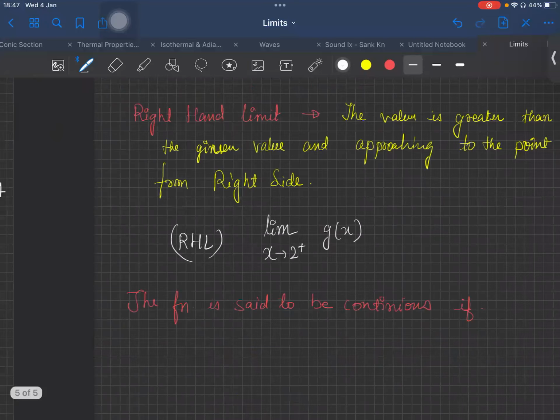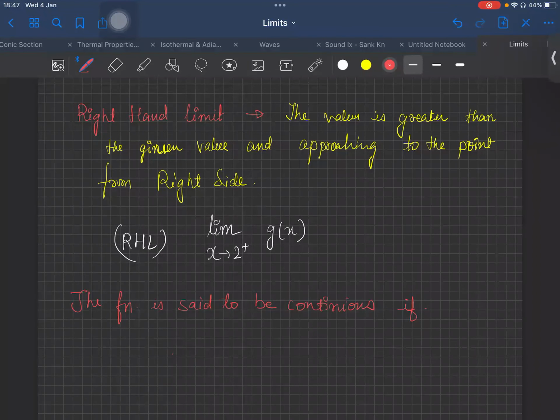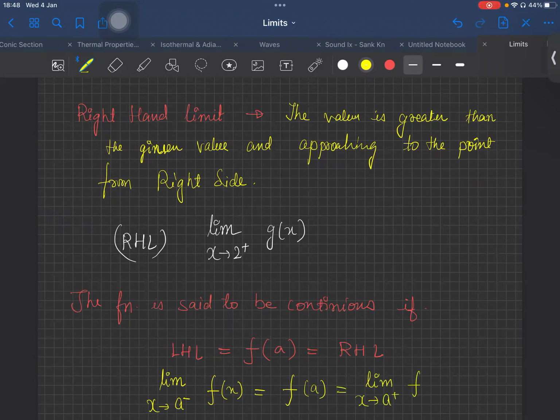If the left hand limit is equal to the value of the function at that point, let's say the point is a, is equal to the right hand limit. In terms of mathematics, we write it as limit x tends to a minus of some function f of x should be equal to f of a, and that should be equal to limit x tends to a plus f of x. That means the function is continuous if this criteria is fulfilled.